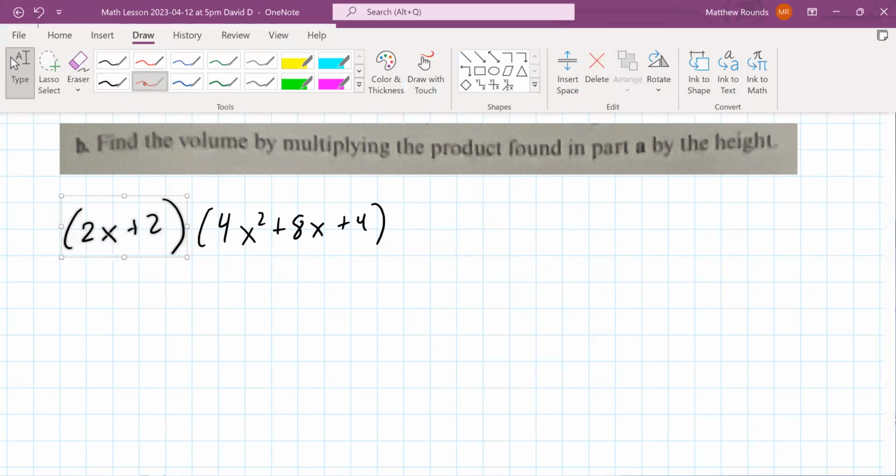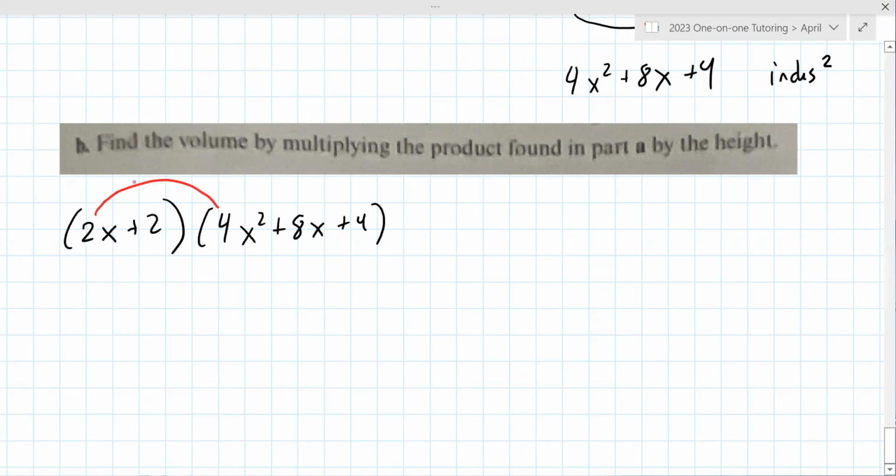You're taking each of the terms inside the first binomial and multiplying it by each of those. So that's 8x cubed plus 16x squared plus 8x.